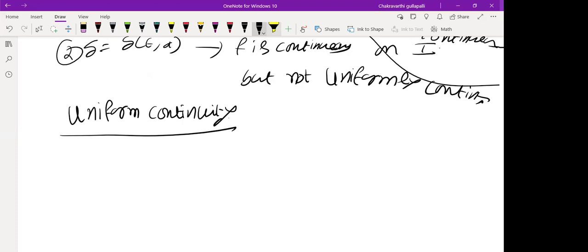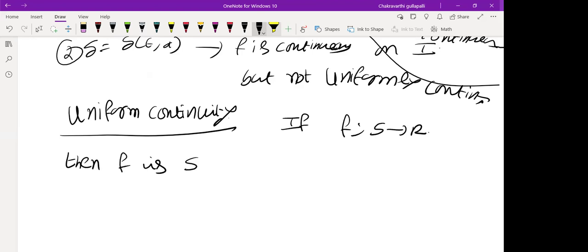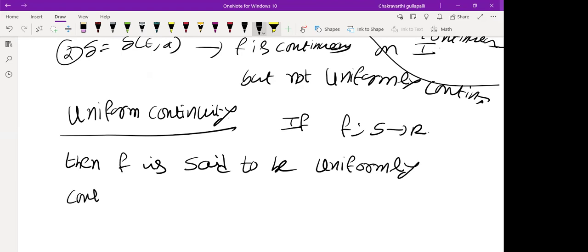Okay. Uniform continuity. So if f is a function from S to R, then f is said to be uniformly continuous. I will give you the original definition. I will show you how to escape doing it like this, and by looking at that, how to identify whether it is uniformly continuous.